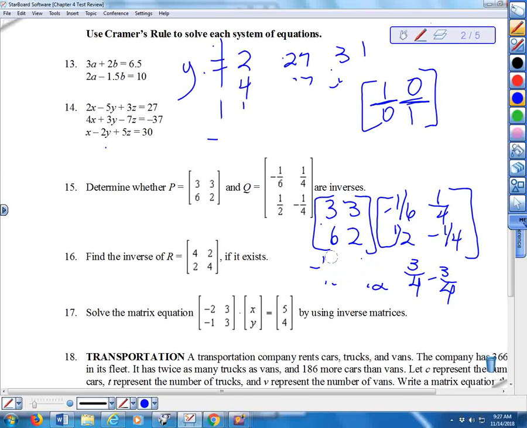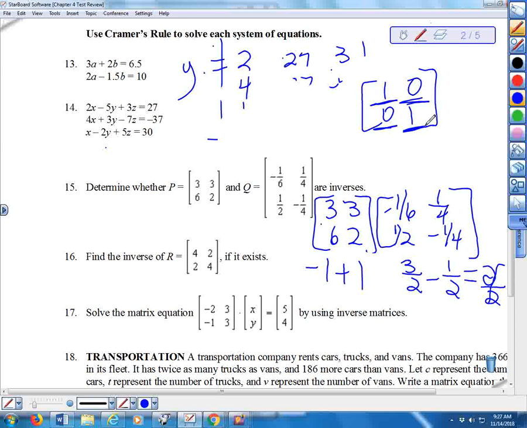Keep going. 6 times negative 1/6 is negative 1 plus 1. Sure enough, 0. 6 times 1/4 is, what, 3 halves? And then minus 1/2 is 1. Sorry, 2 over 2, which is 1. So these two are, in fact, inverses of each other.